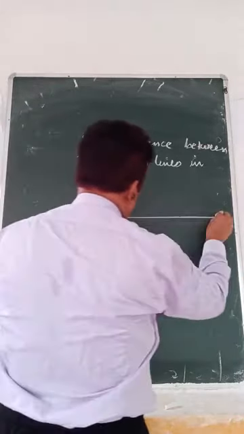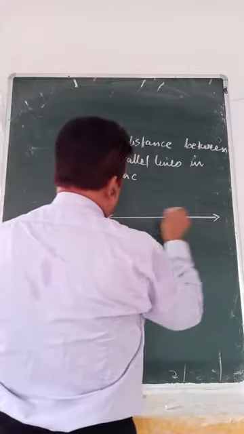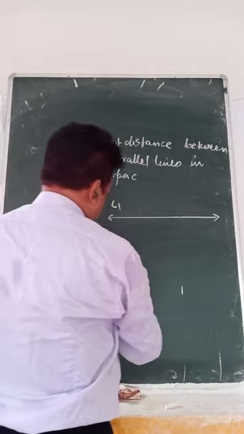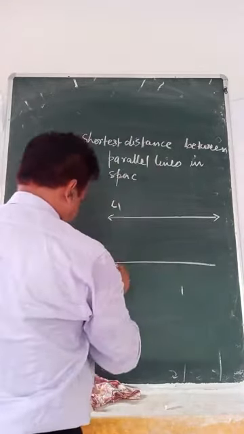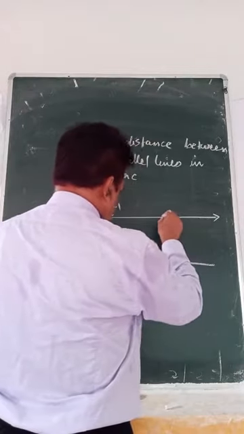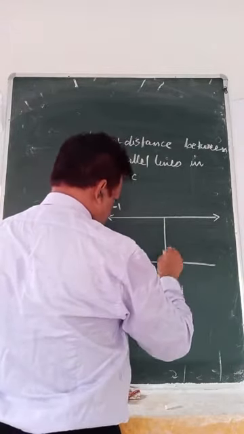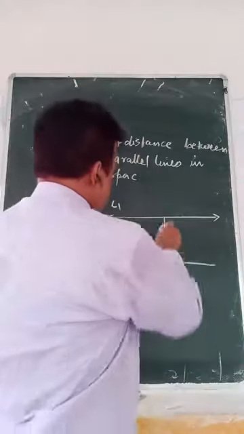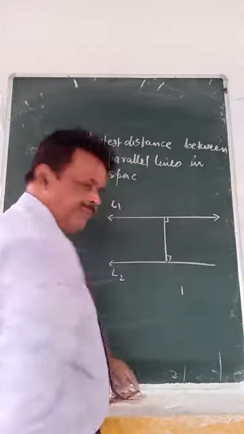Like this. This is our L1, this is our L2. This is our shortest distance because the lines are parallel, so the perpendicular to both will be the shortest distance here.